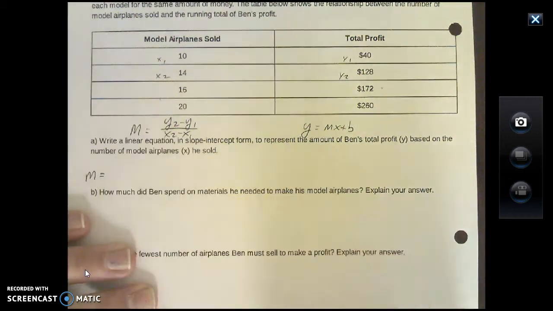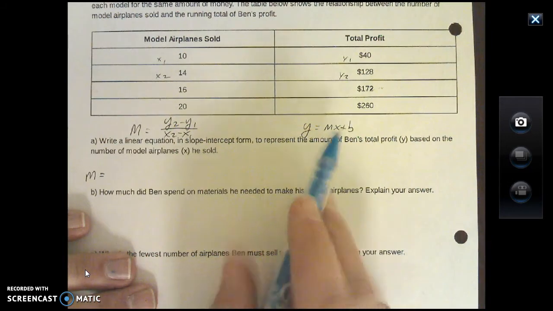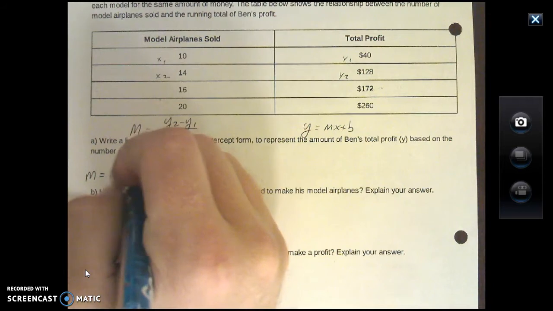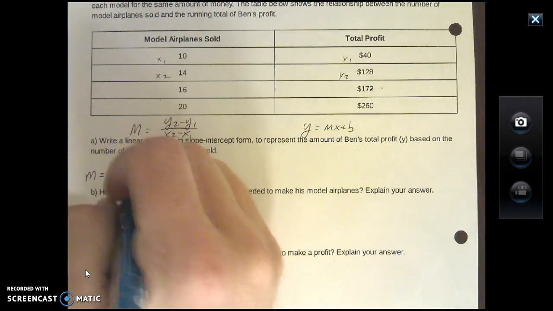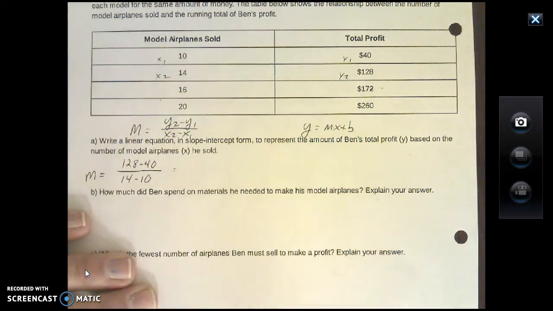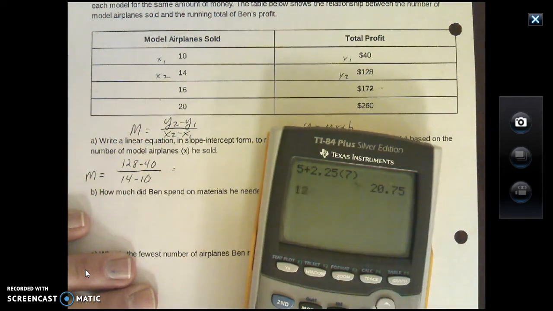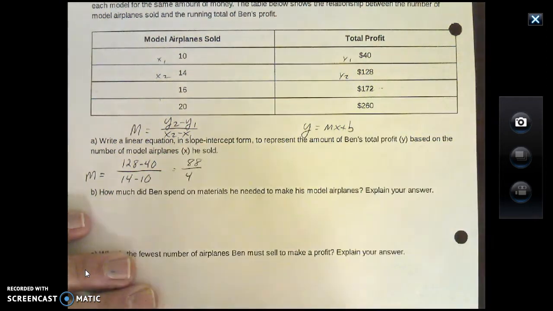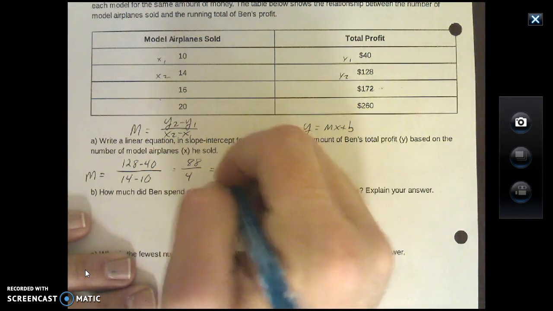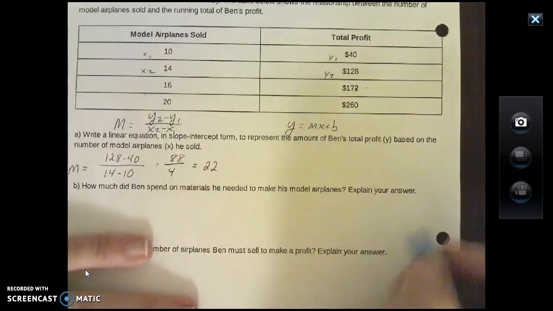So as far as my slope goes, we're looking at 128 minus 40 divided by 14 minus 10. 128 minus 40 gives me 88 over 4. 88 divided by 4 gives me 22. So my slope is 22.